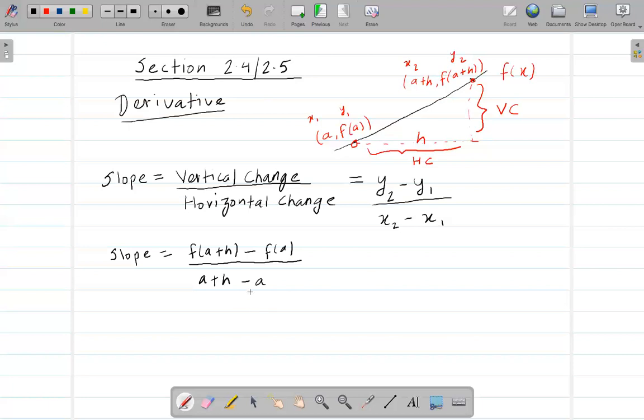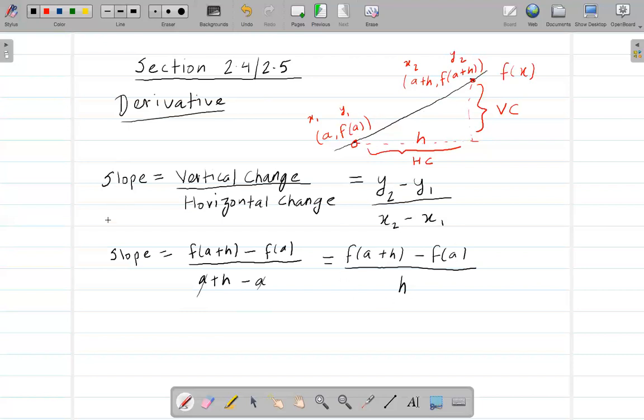If you notice here, in the denominator we have a minus a, which will cancel. So this is going to be just f of a plus h minus f of a over just h.